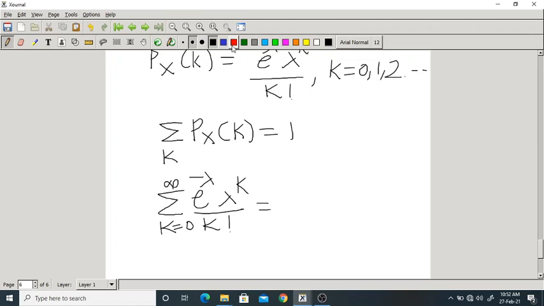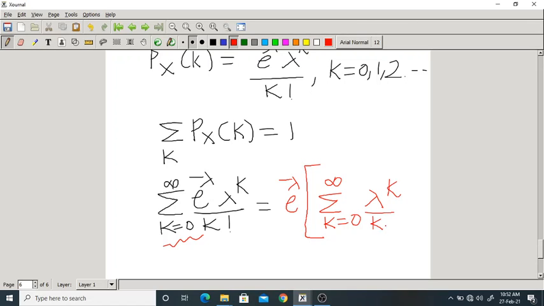You can take that outside the summation. Is it okay? In this I will write e power minus lambda outside the summation, because that is independent of variable k. So you can simply write summation k varies from 0 to infinity lambda power k by k factorial. Correct?